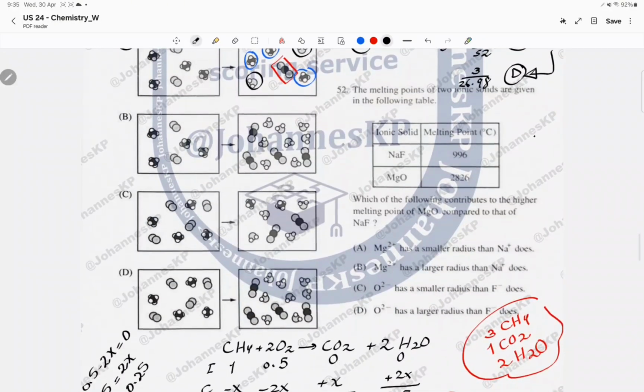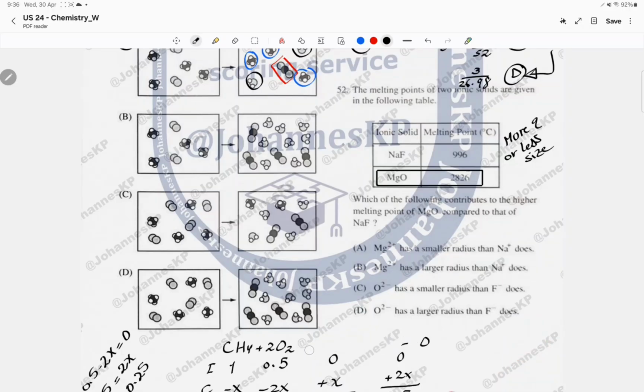52. Okay, the melting points of two ionic solids are given. The melting point of MgO is higher, and to have a higher melting point, you have to have one of two things: more charge or less size. Okay, now charge is not mentioned here, so now we should focus on the size part.